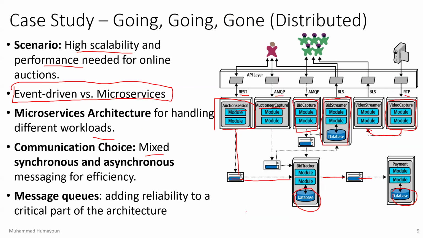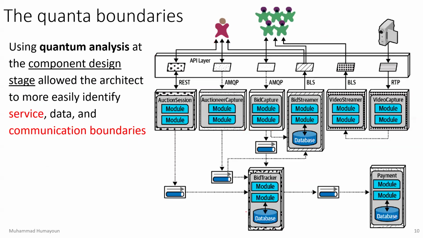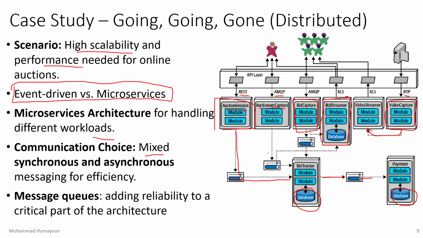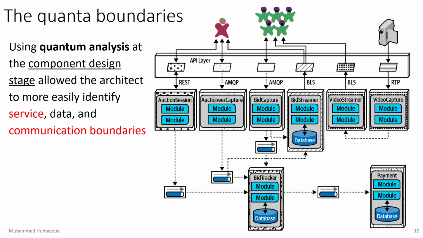You can also define quanta boundaries. One quantum means one physical manifestation of something. Look here, as we saw, this one was relying on this database. We can put this auction session and bid tracker together.